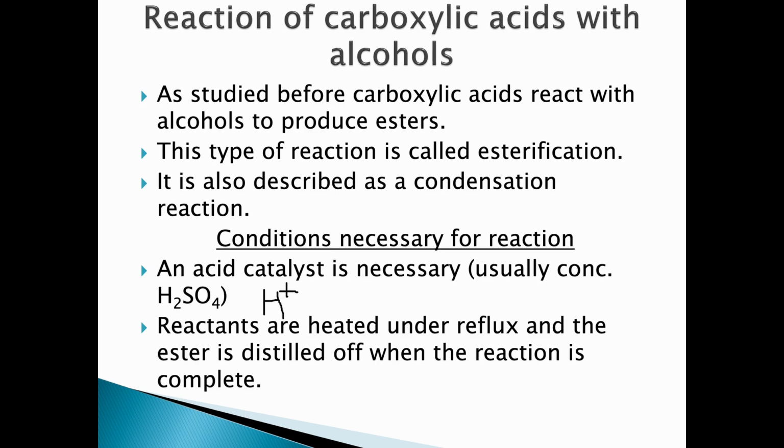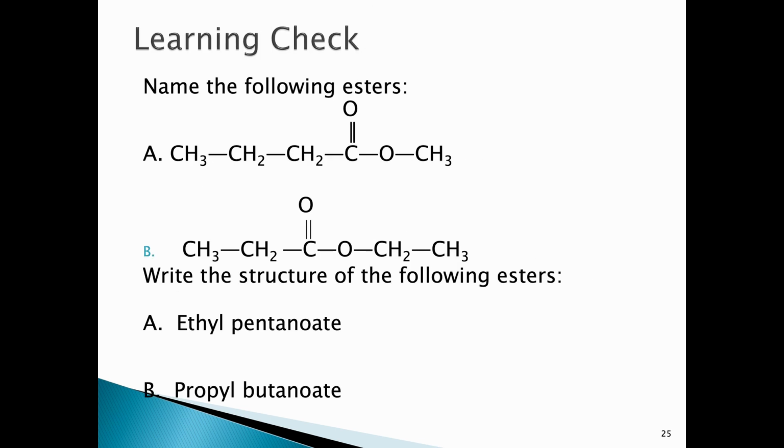Alright, so you have your acid catalyst, and then your reactants are heated under reflux, and then your ester is distilled off. When it comes to naming your esters, you're going to start with your alkyl group from your alcohol, which is at the right hand side of your oxygen, and everything else is going to give you the remaining name for your esters.